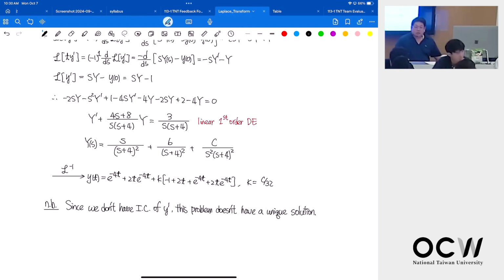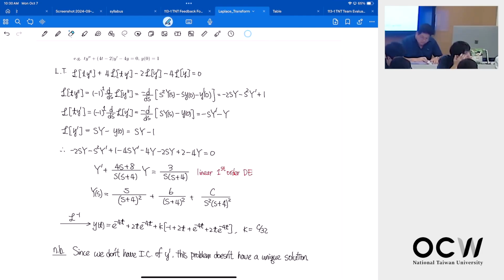All right. Any questions for this one? So that's all for the Laplace transform. Remember why do we need the Laplace transform?